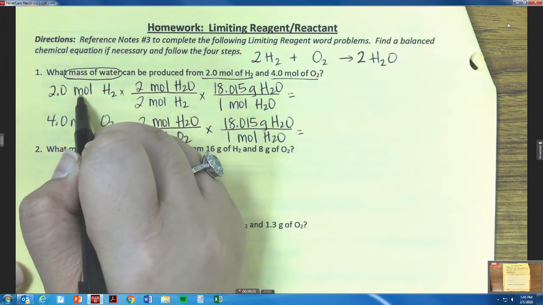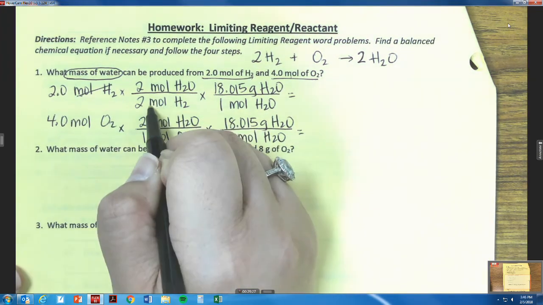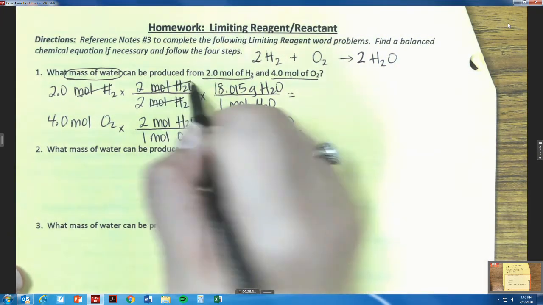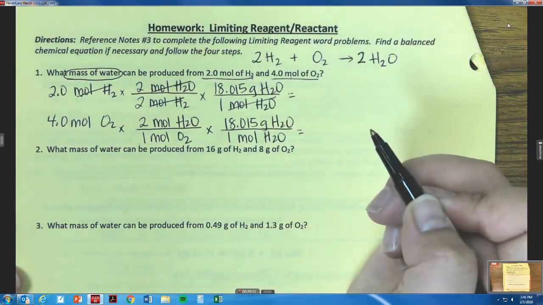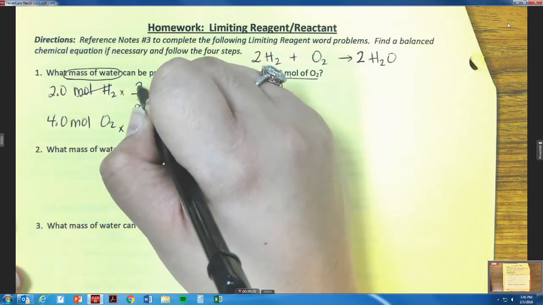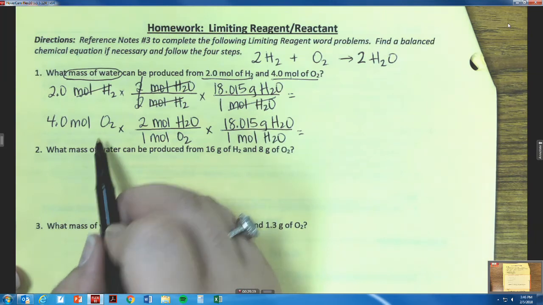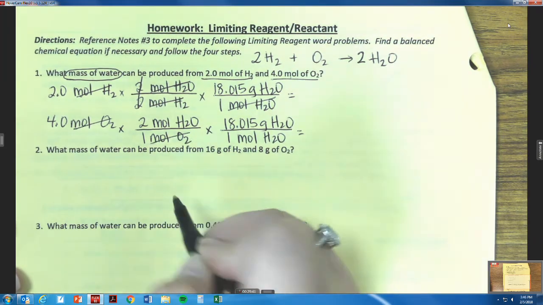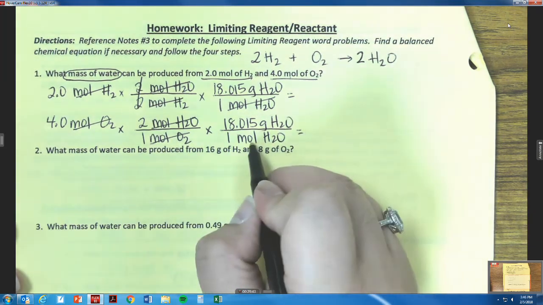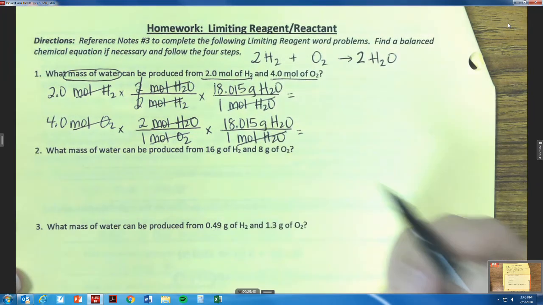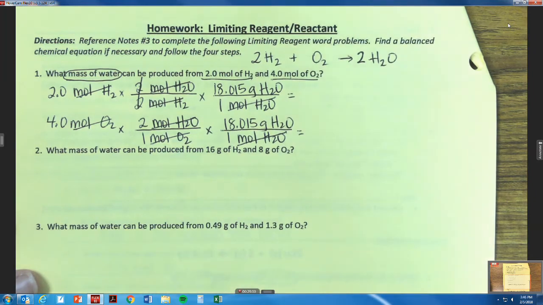Your units are going to cancel out. Moles of hydrogen cancels out moles of hydrogen. Moles of water cancels out moles of water. And then again, 2 divided by 2 is 1. Moles of oxygen cancels out moles of oxygen. Moles of water cancels out moles of water. So we're left with grams of water, which is what we're trying to look for.